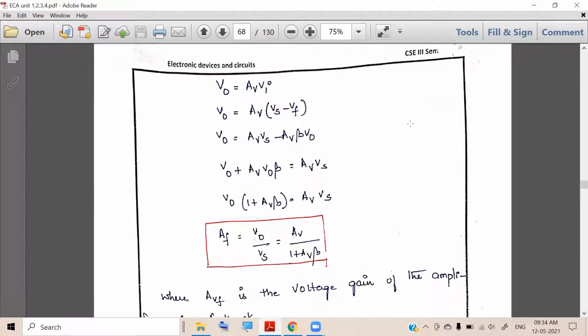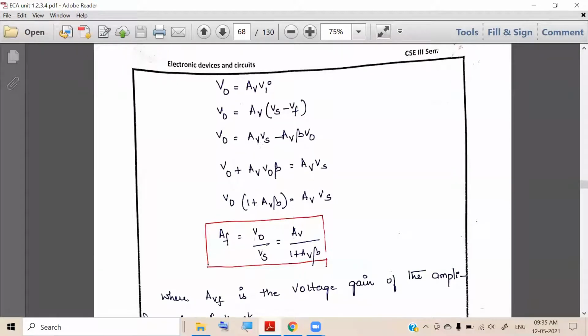Now we have V naught terms on both sides. Let's get all the V naught terms on one side. Minus AB beta V naught, let me take it to the LHS, so it becomes plus AB beta V naught.